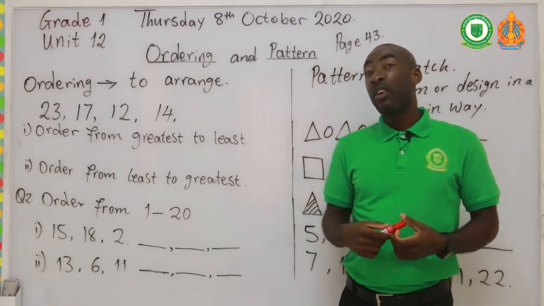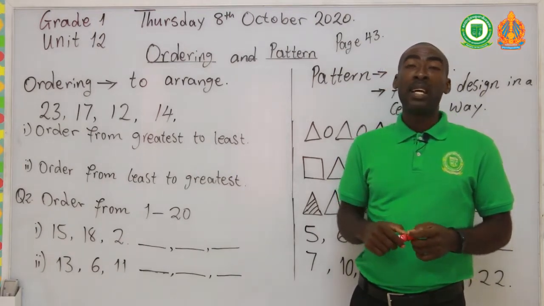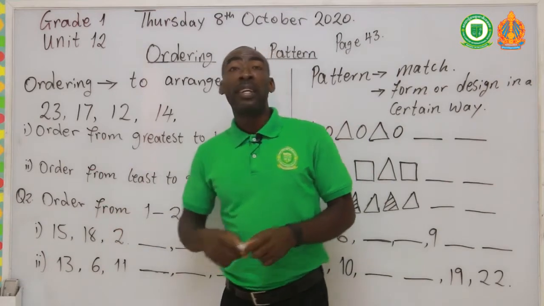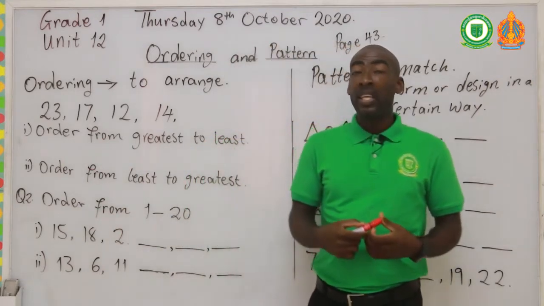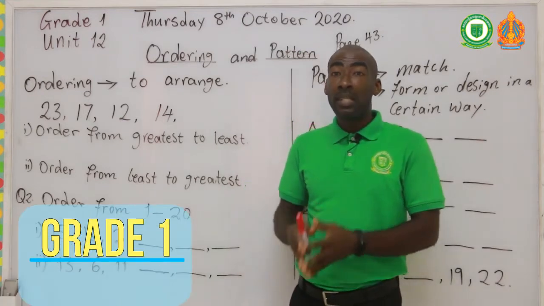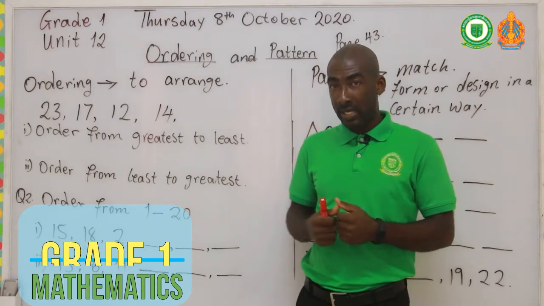If you say that ordering means to arrange in a certain way, it means that you are correct. How to order depends on the instructions that you have. Either you are supposed to order them from the least to the greatest. That means you are arranging from the smallest to the biggest.